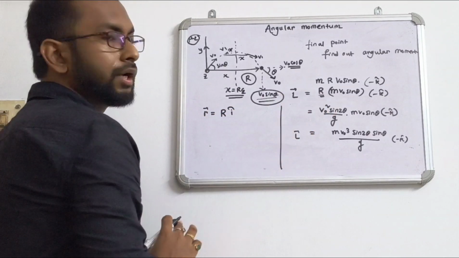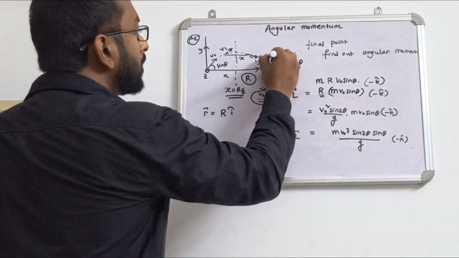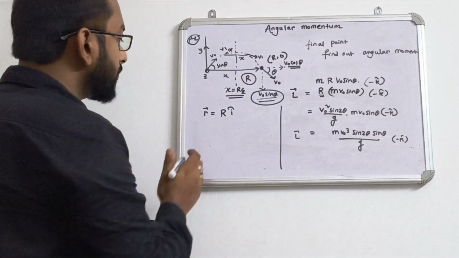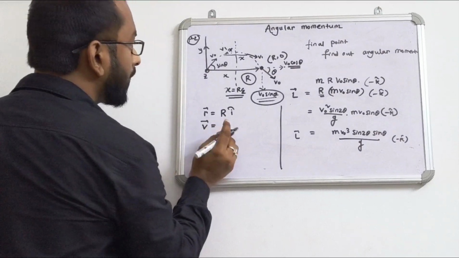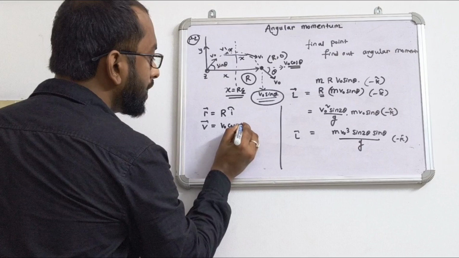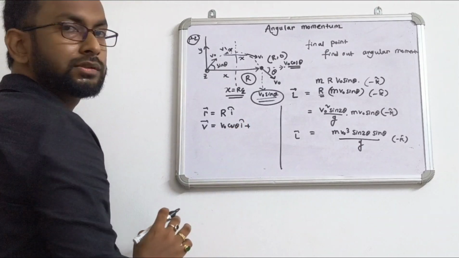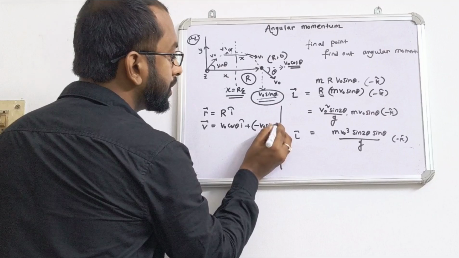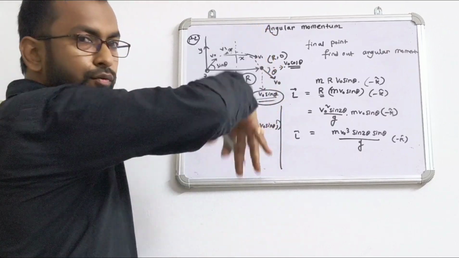There is nothing in the y direction. So the coordinate of this point is R comma 0. And the v vector we can write as v0 cos theta i plus minus v0 sin theta into j, because it is directed towards the negative y direction.